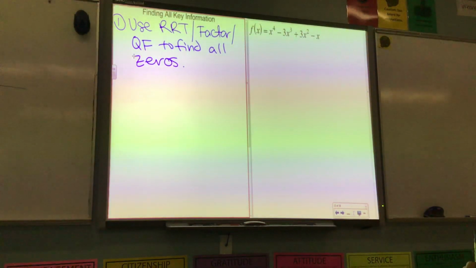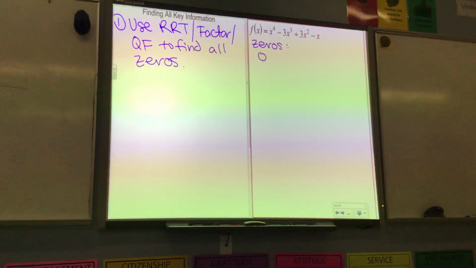You are going to use rational root theorem, factoring, quadratic formula, whatever it is, to find all of your zeros. So we're going to set it all equal to 0. And this is where it will be helpful to label and separate your work, since it all looks the same, it can get kind of confusing.